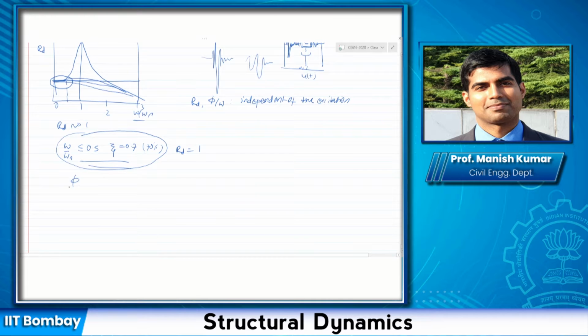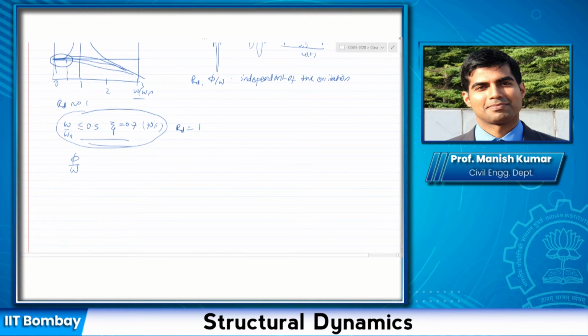Now, the second thing is to make phi by omega independent of the excitation frequency. Again, if you remember the plot for the phase angle, going from 0 to 90 to 180 degrees, for a very small value of damping it was something like a step function.